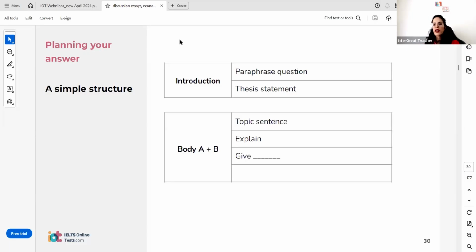Obviously, then I need to give an example, exactly. So guys, remember, we don't write the example right at the beginning. First, I need to explain what I mean by the topic sentence, and then I give an example for it, right? I don't give the example and then the explanation.